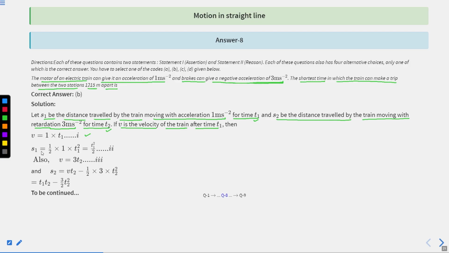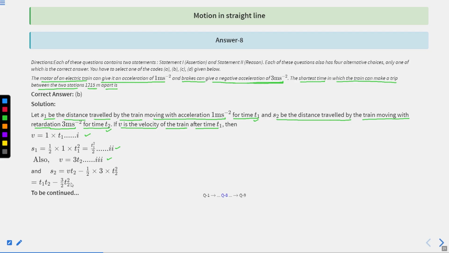S1 equals half multiplied by 1 multiplied by t1 square, which is t1 square by 2, and this is equation second. Also v equals 3t2, let this be equation third. And S2 is vt2 minus half 3 multiplied by t2 square.